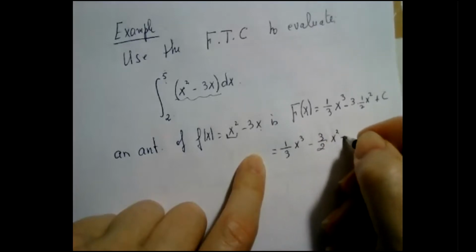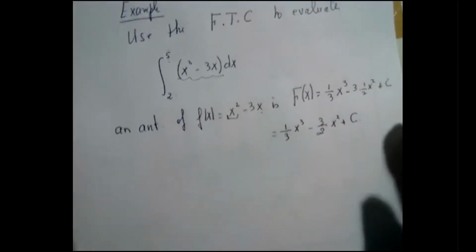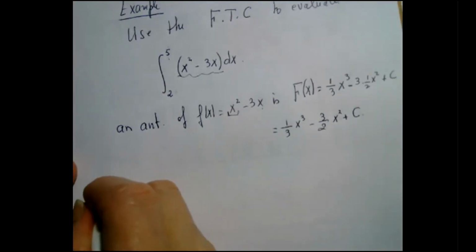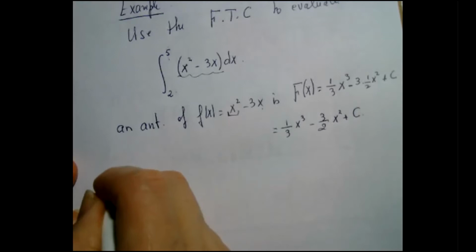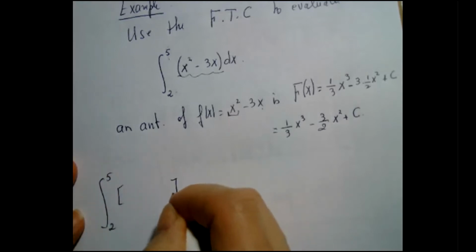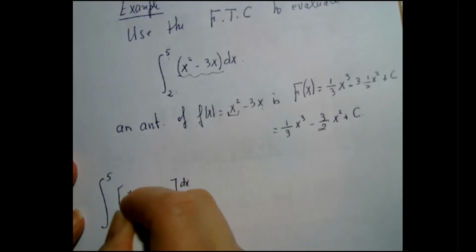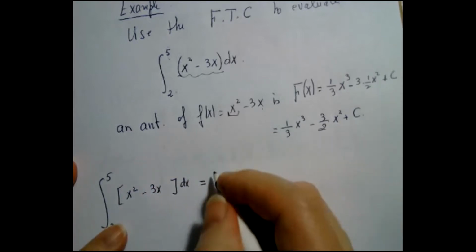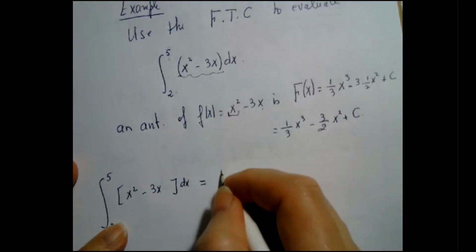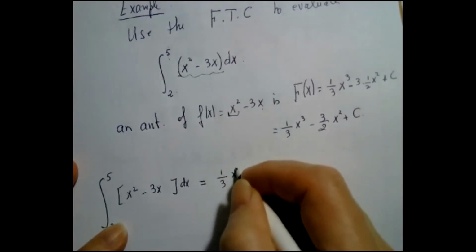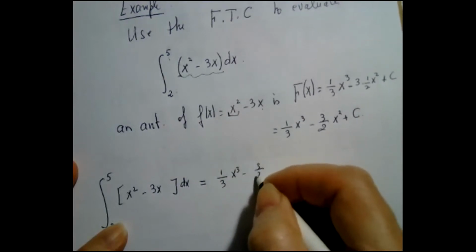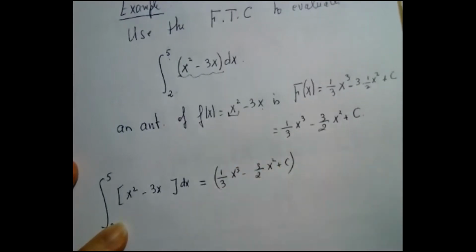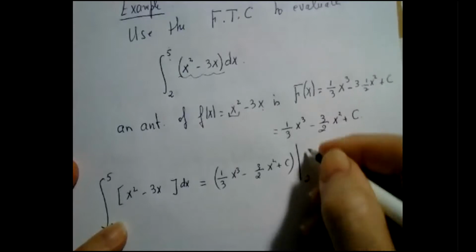I said the first problem I'll do in a lot of detail. The fundamental theorem of calculus tells me the definite integral of my function is equal to the antiderivative evaluated between 2 and 5.